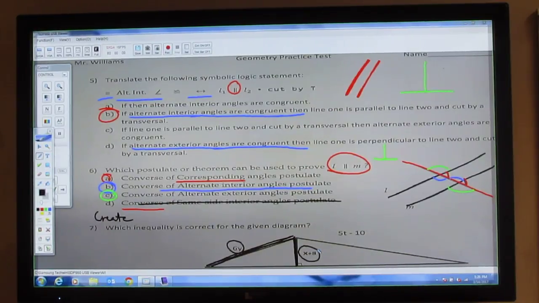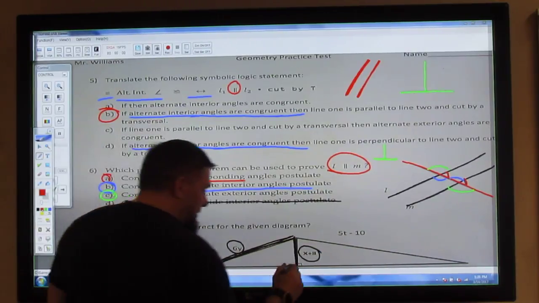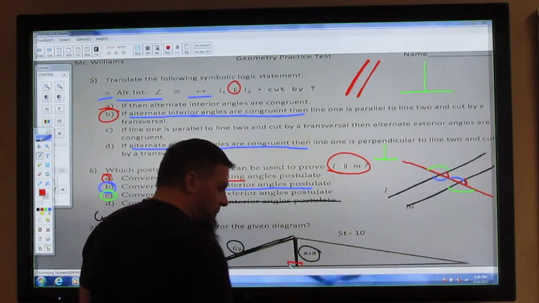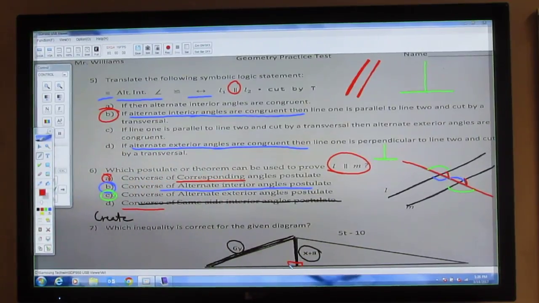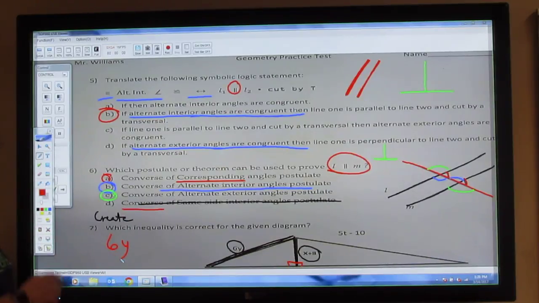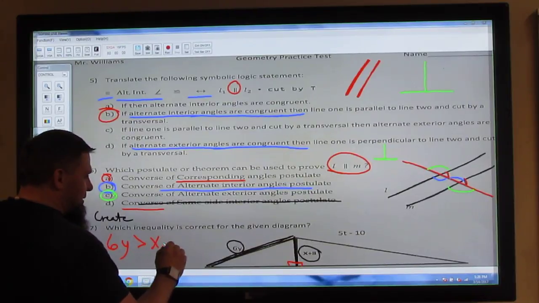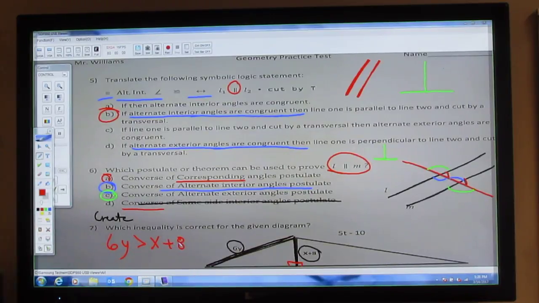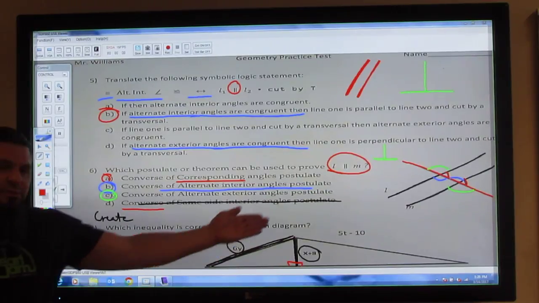The hypotenuse is the largest side of a right triangle, because of this right here, we know that it's a right angle. So it's a right triangle. That means that 6y has to be greater than x plus 8. It has to be, because it's the hypotenuse.